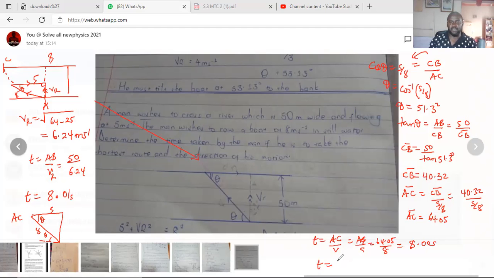Then what if I use BC over U? BC is the same as 40.32 divided by 5. Don't you also get 8.00 seconds?